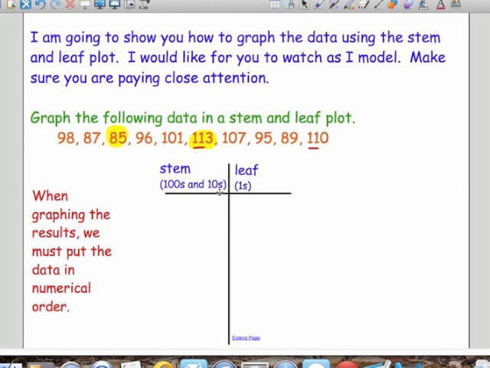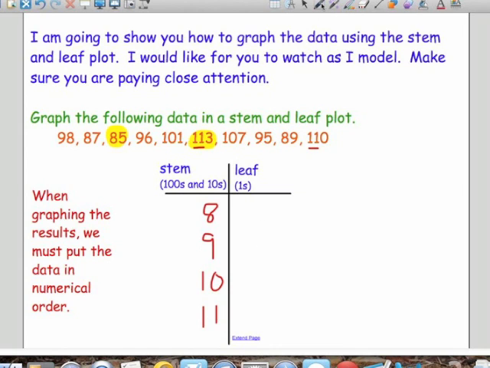So if I'm looking at my tens and ones, I need to start down at an 8. So I'm going to start with the 8, and I'm going to go up until I get to 11, because there is a 113, which is your 11 there. So we have 8, 9, 10, 11.